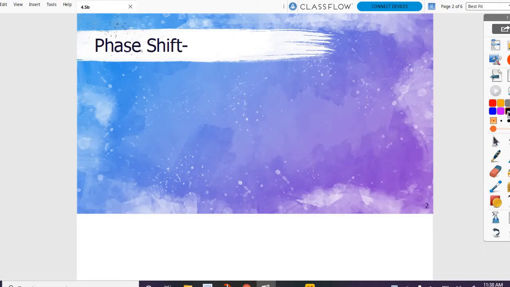There are two different types: a vertical or horizontal translation. So basically now we're moving left and right and up and down instead of stretching or compressing it.